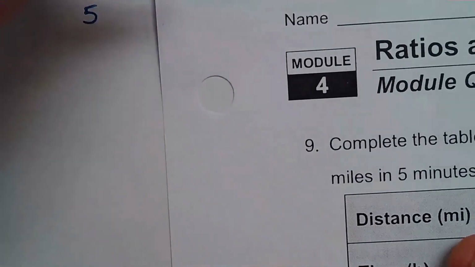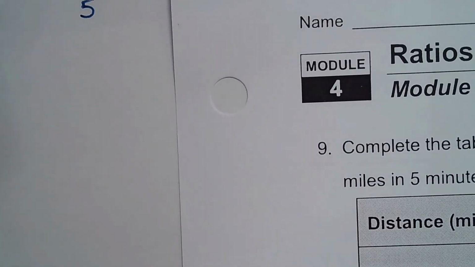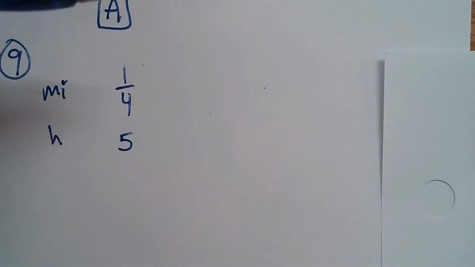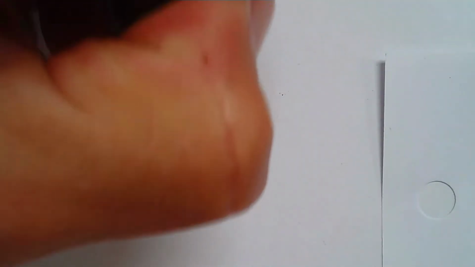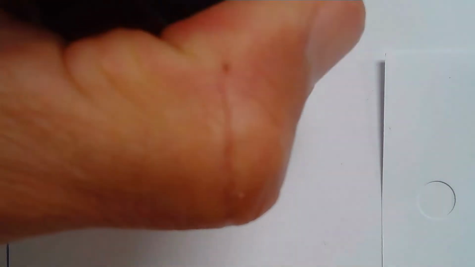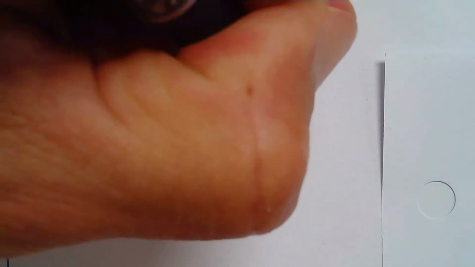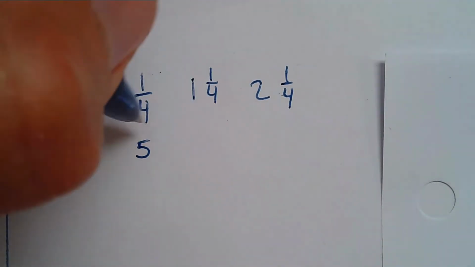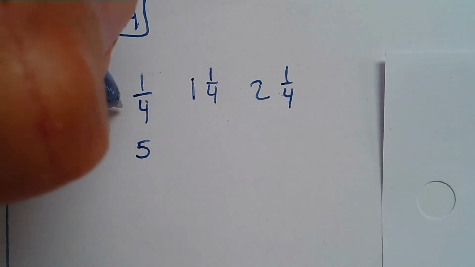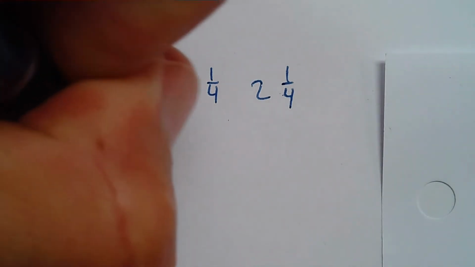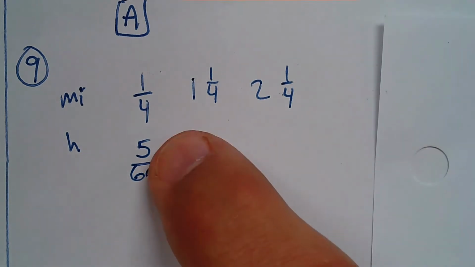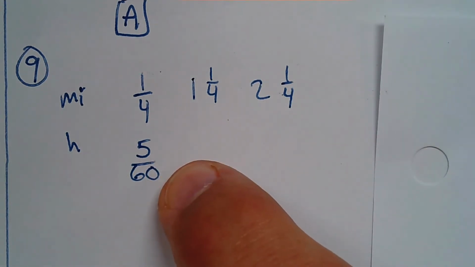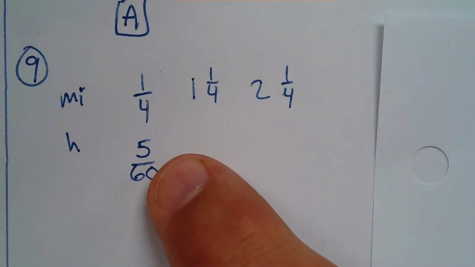So this is going to be miles, and this is going to be hours. So 1/4 mile, and then it has 1 1/4 mile and 2 1/4 mile. So that's 5 out of 60, right? That's 5 minutes out of 60. Okay, that's what it has to be.